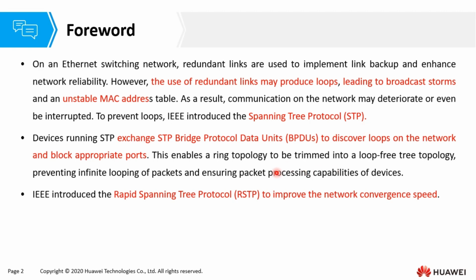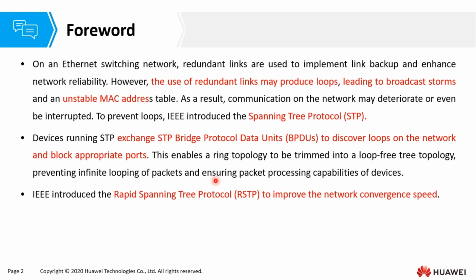So basically, when you enable STP, the spanning tree protocol, it will exchange STP BPDUs to discover the loops on the network and block certain ports to be an alternate or a backup port.